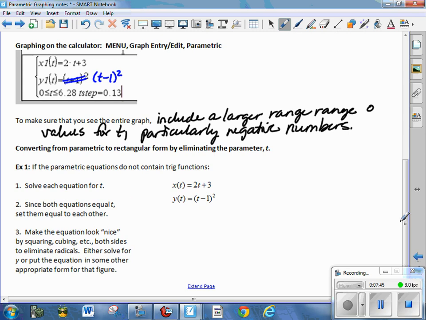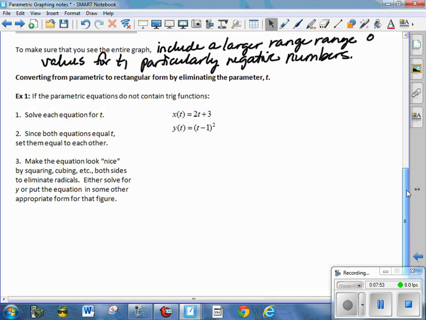Now how do we go from parametric form back to rectangular form? We learned to do that with polar. We're going to do that now with parametric as well. The way you do that is you have a pair of equations. You're going to solve each of the pair for t. So I'm going to start by writing x equals 2t plus 3 and y equals (t minus 1) quantity squared.